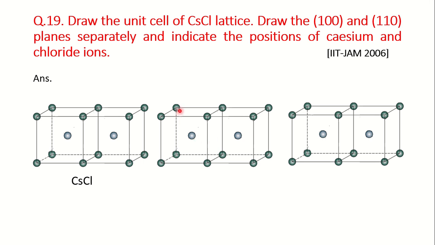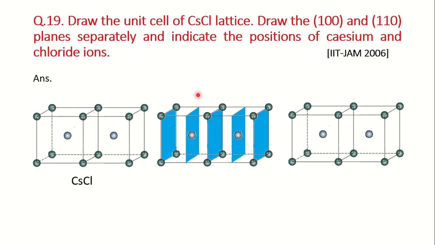Okay. So the 100 planes are this plane, this plane and this plane, but in order to cover this ion we have to add yet another lattice plane here. So this is the first one and we are putting this one. Now 110, this is 110.